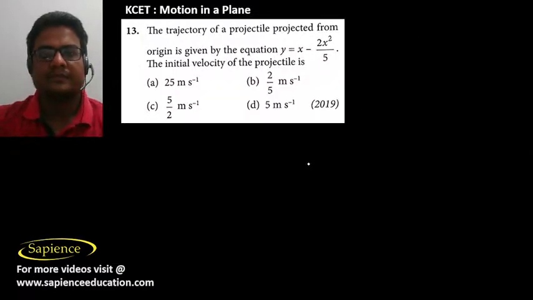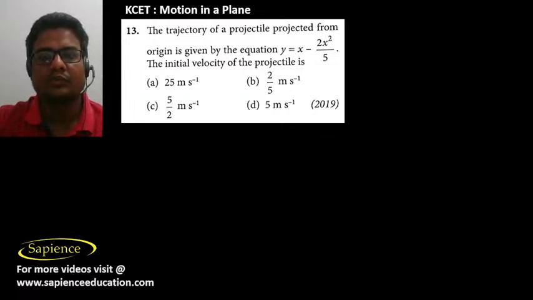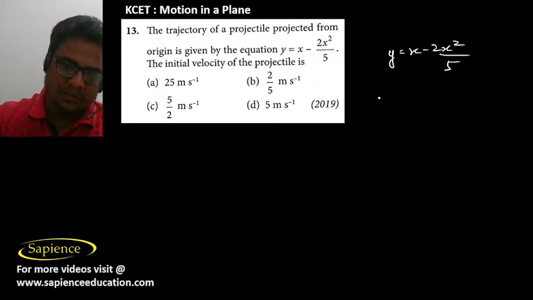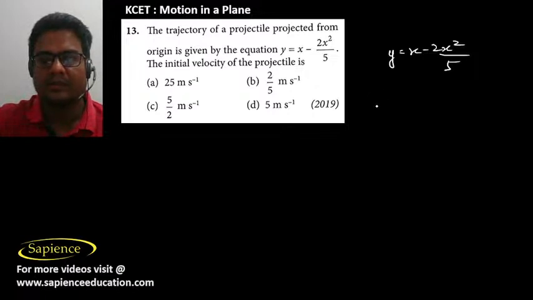Okay, then it is told that the trajectory of a projectile projected from the origin is given by the equation y equal to x minus 2x square by 5. And we need to find the initial velocity of the projectile. First we need to find the equation of trajectory of a projectile.